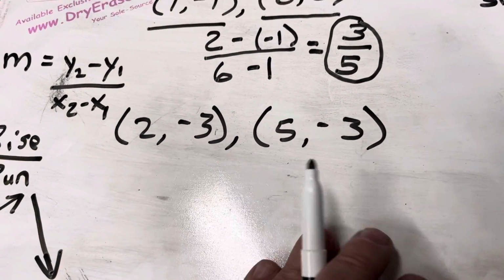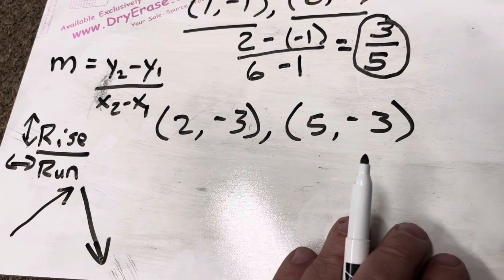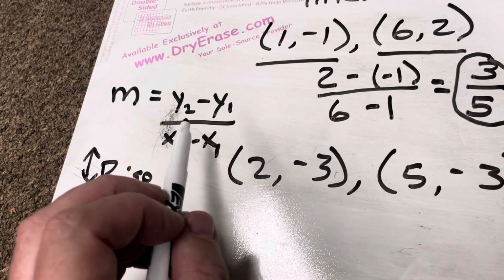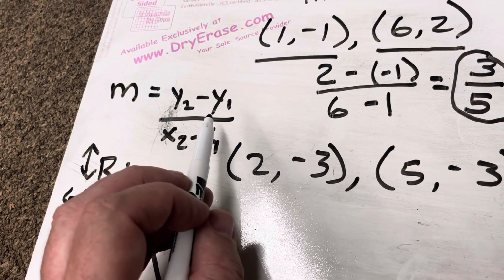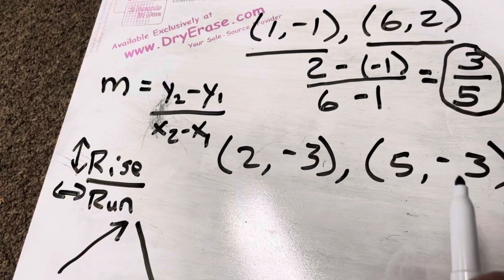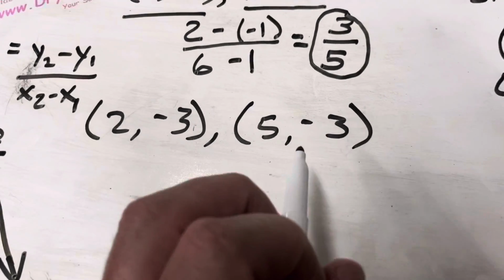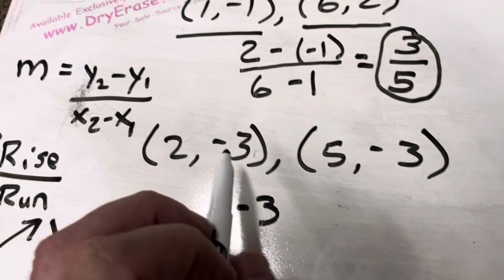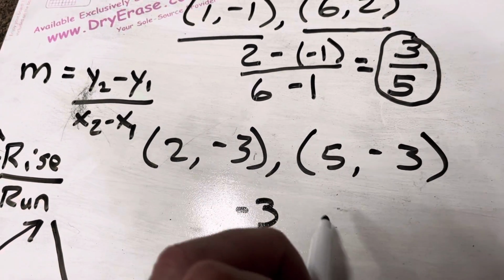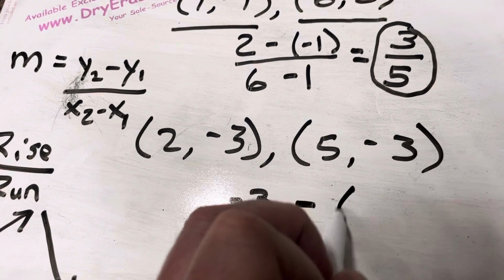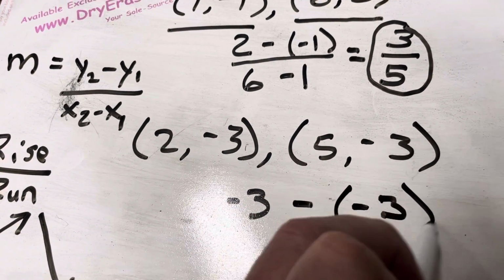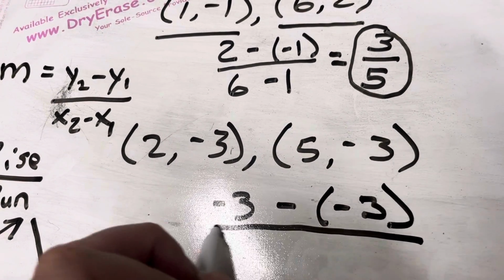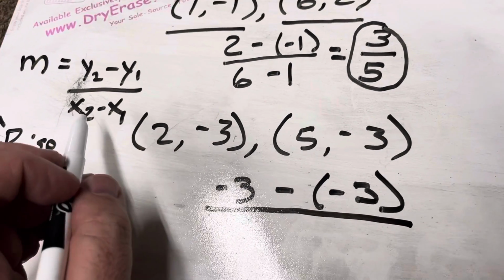Let's look at this second one, okay? Once again, thinking about our slope, y2 minus y1. Well, y2 is -3. y1 is -3, so minus a -3 over x2.